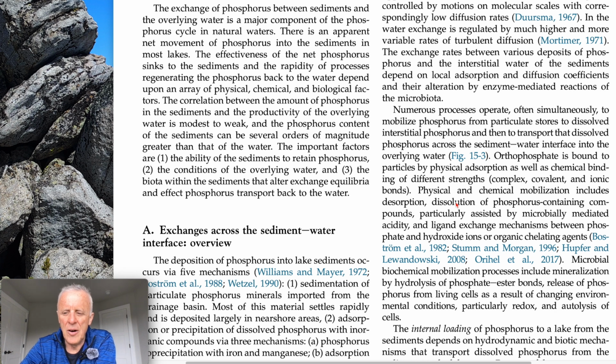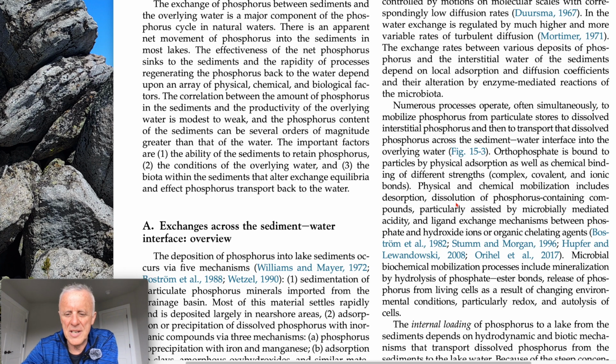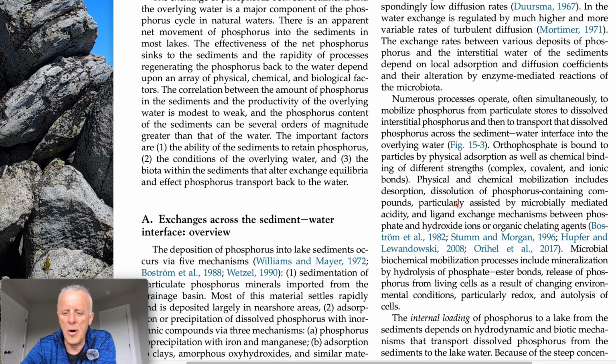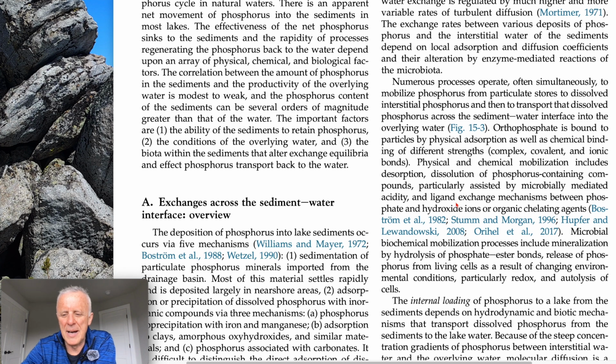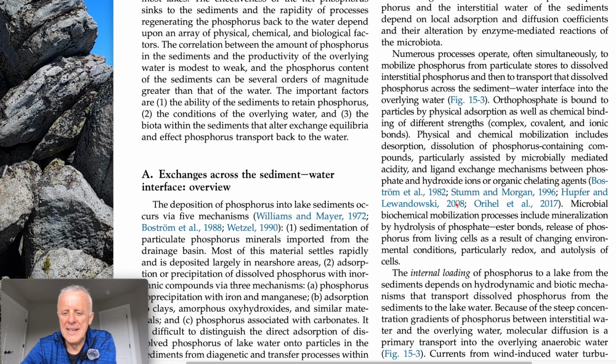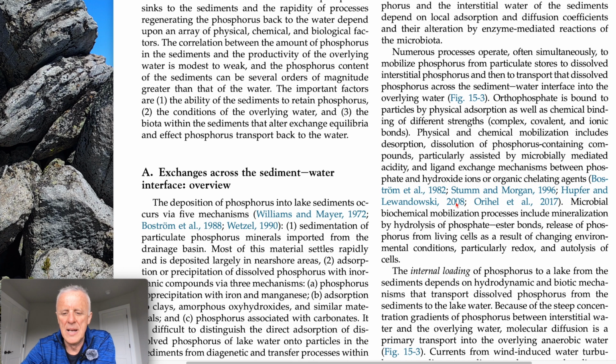Orthophosphate is bound to particles by physical adsorption as well as chemical binding of different strengths. Physical and chemical mobilization include desorption, dissolution of phosphorus-containing compounds, particularly assisted by microbially mediated acidity, and ligand exchange mechanisms between phosphate and hydroxide ions or organic chelating agents.